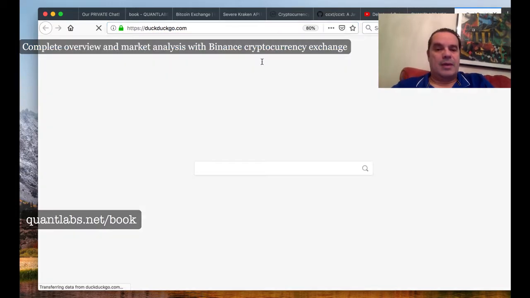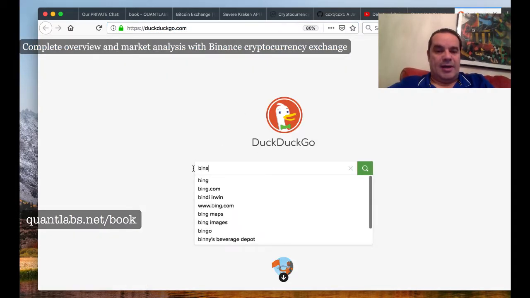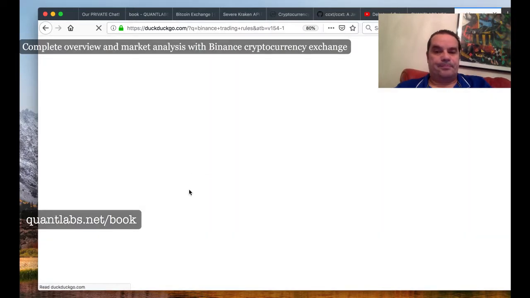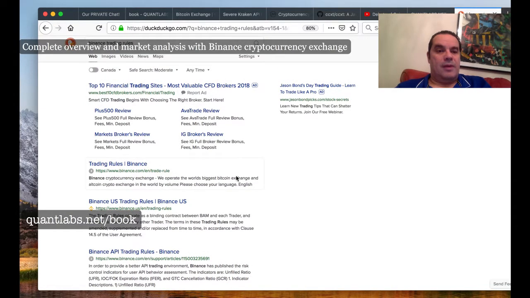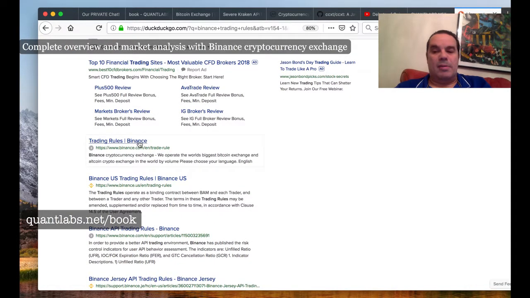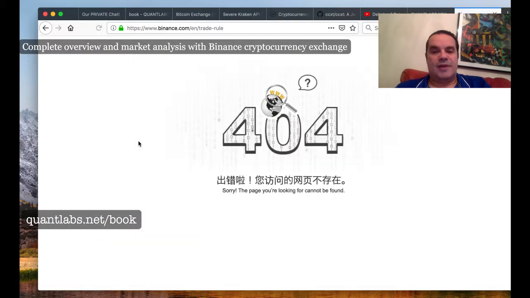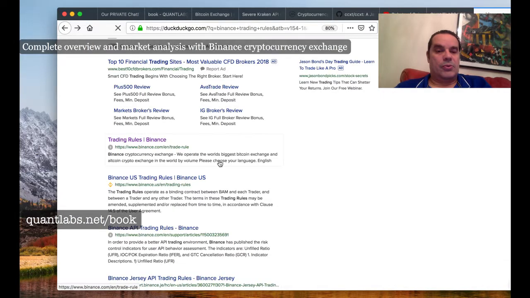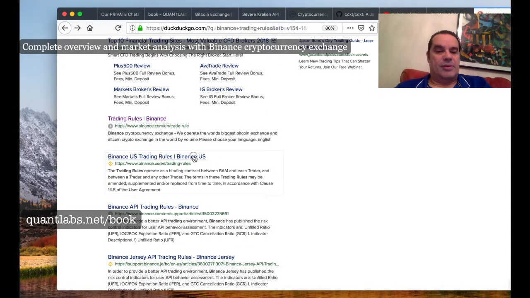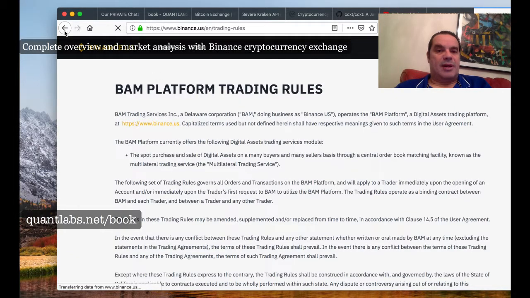So if I wanted to do Binance trading rules, what I'm going to show you here is the minimum amounts that you need to put together trades. Maybe this one. Okay, so that's Binance US.